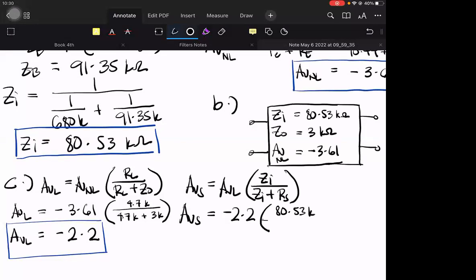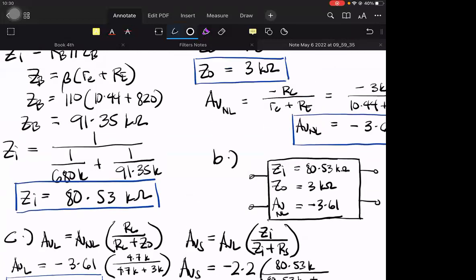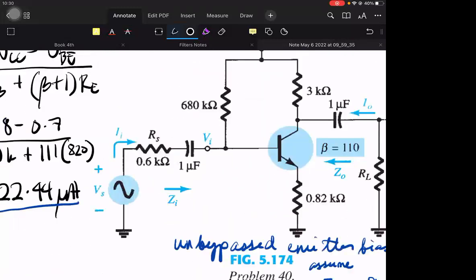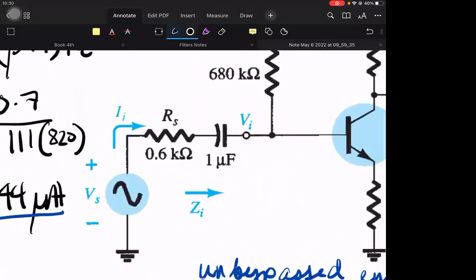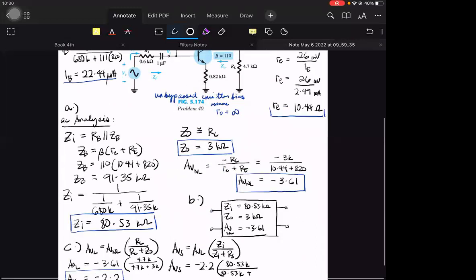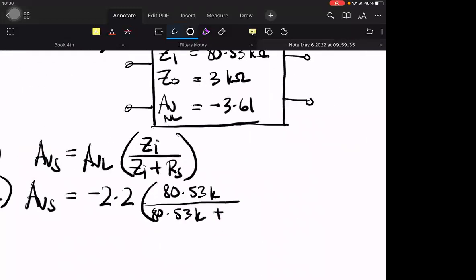So 80.53K plus how much is RS? 0.6K, 600.